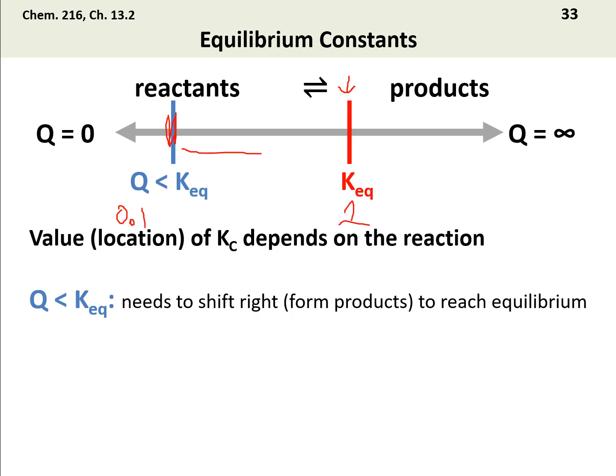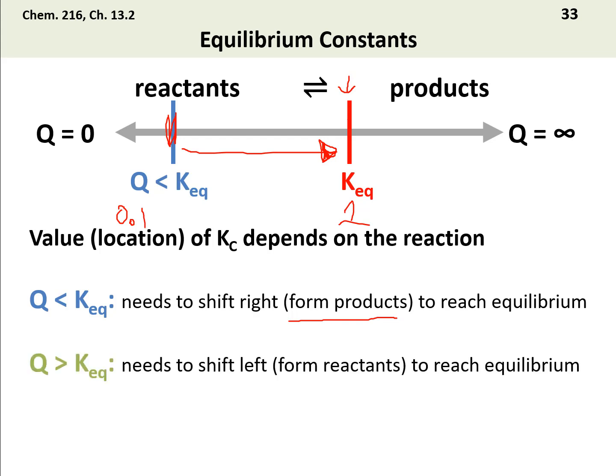My Q is going to go to K. Remember this, I'm going to say it a lot: Q goes to K. Q adjusts to get to K. So it's going to shift right, or form product, to reach equilibrium. That means some reactants are going to come together to form more products until we get to equilibrium.